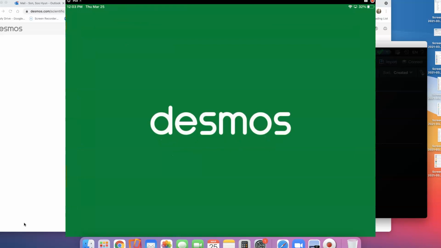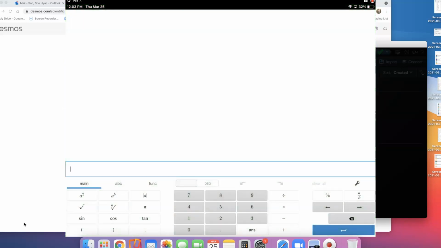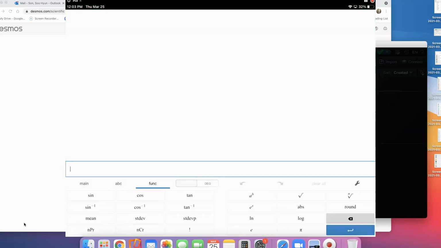So I will try to type in a log base other than 10 or e, but they don't have it. They have a common log or a natural log, but they do not let me type in a different log base. Okay, so what can we do if it doesn't have it?